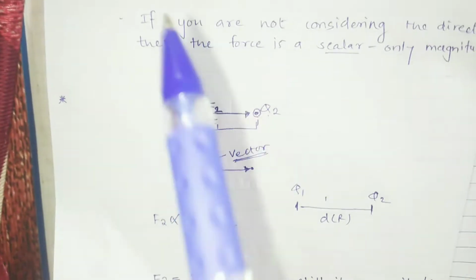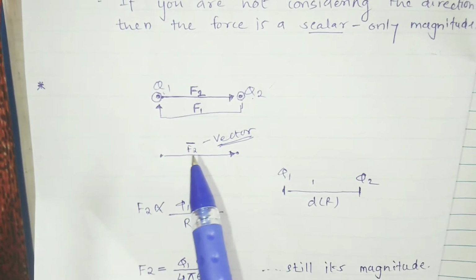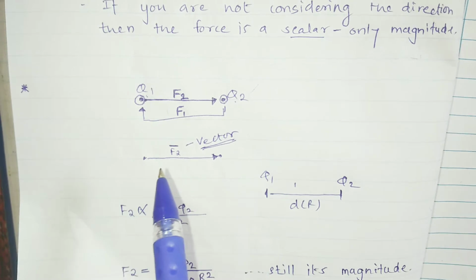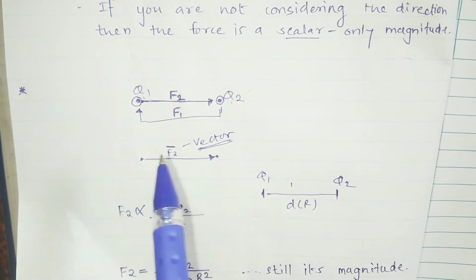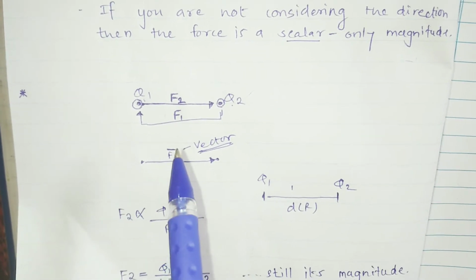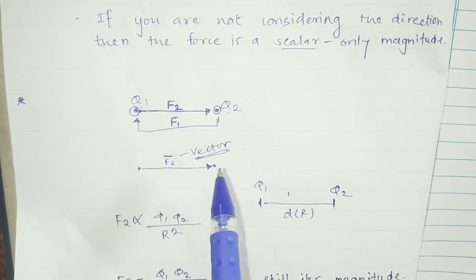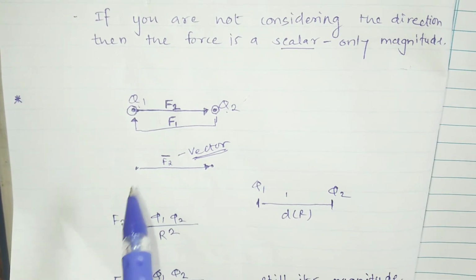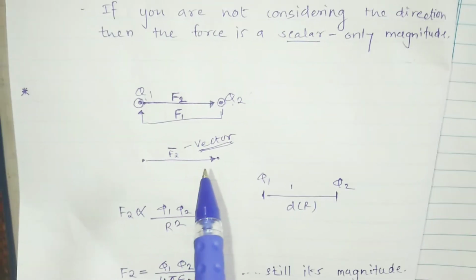Force is a vector quantity, indicated by f2 bar. This vector arrow, indicated by bar, is nothing but a vector, and it is directed from q1 to q2, right?